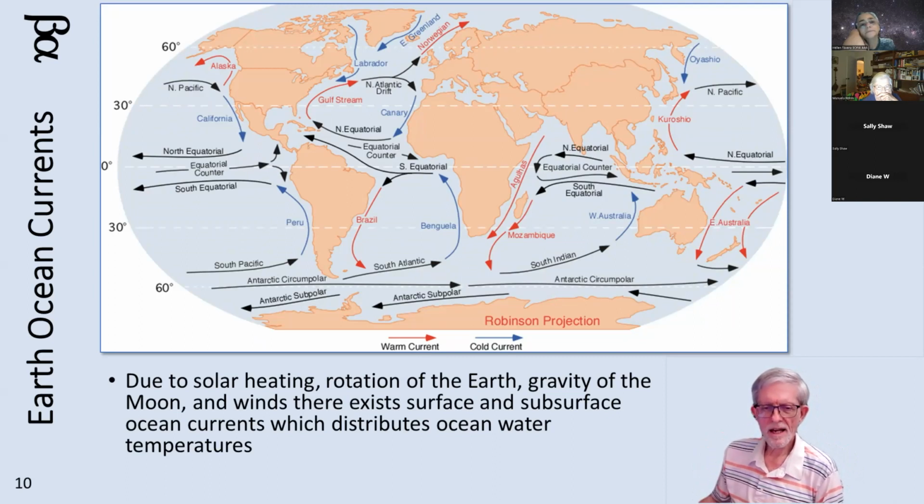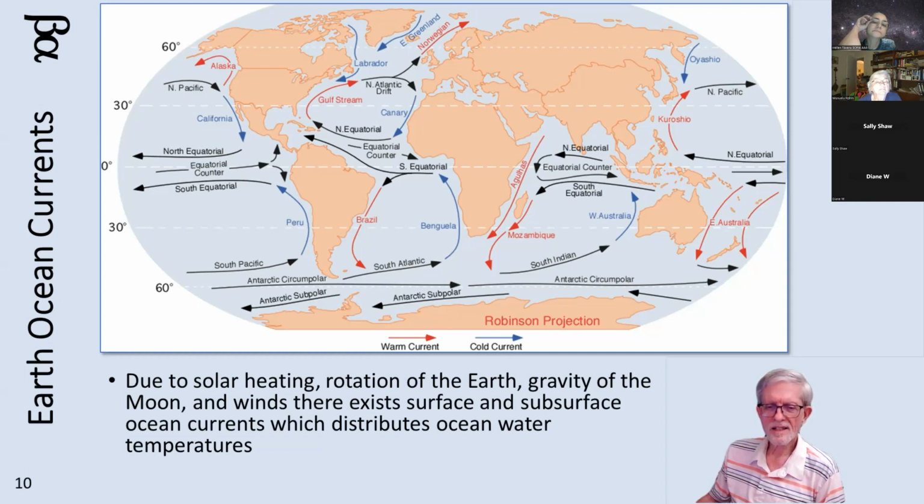And you can see in the Atlantic, the North Equatorial Current comes up from Africa to the Caribbean, and then it gets warmed up. And as it gets warmed up, that's the Gulf Stream, and the Gulf Stream gets cooled down by the Labrador Stream, and then that goes across the Atlantic Ocean and becomes the North Atlantic Drift.